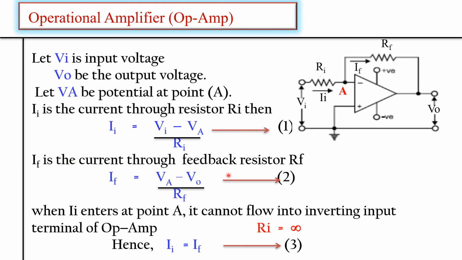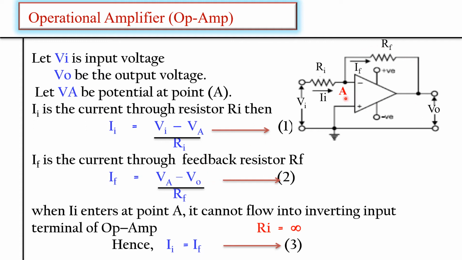If is the current through the feedback resistance Rf. So here the current is given by the potential difference between these 2 points, that is (Va minus Vo) upon the resistance Rf.